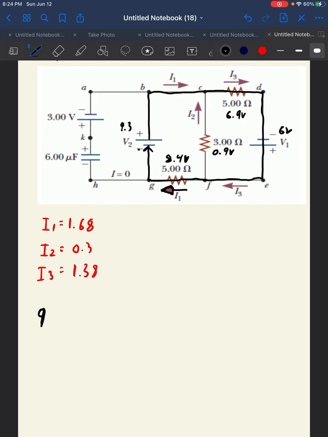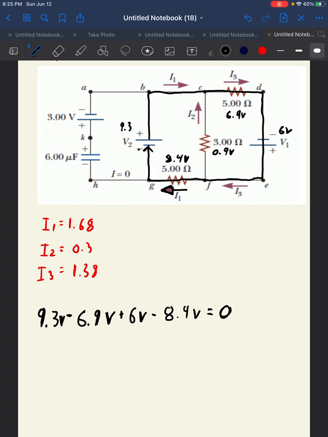We have 9.3 volts, minus 6.9 volts, plus 6 volts, minus 8.4 volts, and that should equal 0.